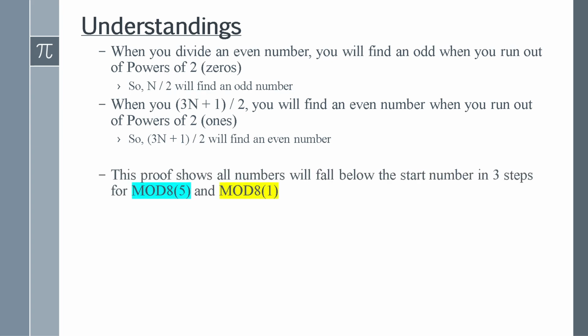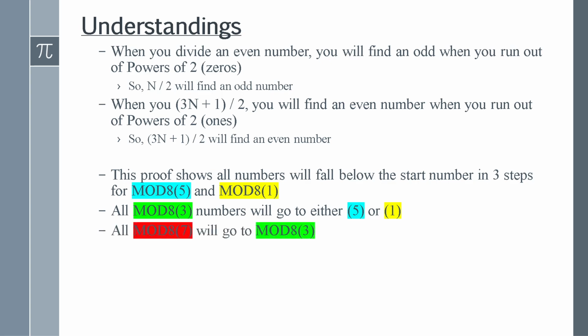Today I'm going to show why all numbers will fall below themselves in 3 steps from mod 5 and mod 1. And then all mod 8 3 numbers will go to the mod 5 or mod 1, and mod 7 will go to mod 3.